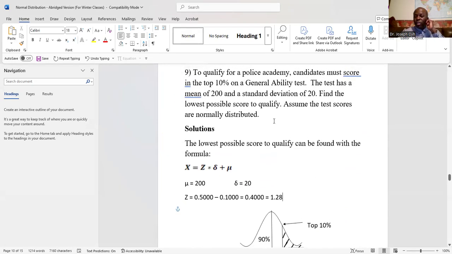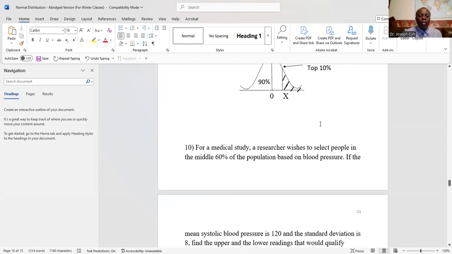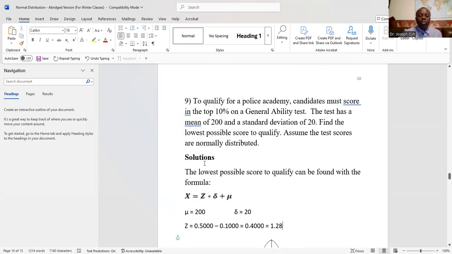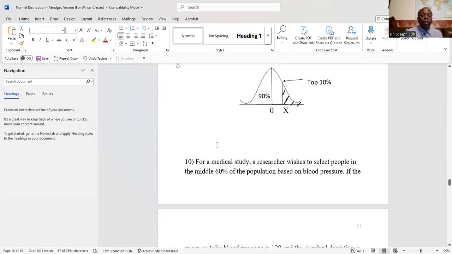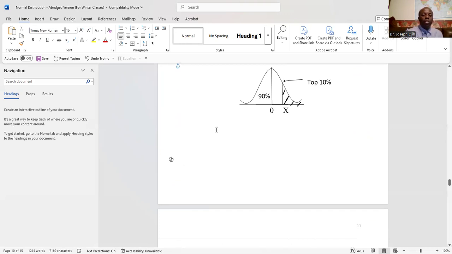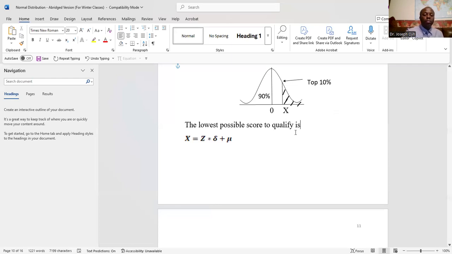Because they were asking us for the lowest score. So find the lowest possible score to qualify. I'm going to use this formula here: X equals Z times standard deviation plus mean.